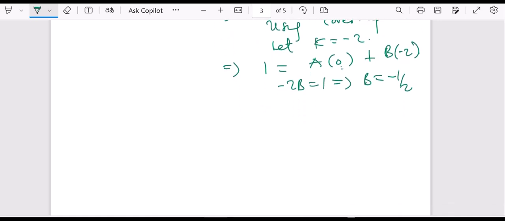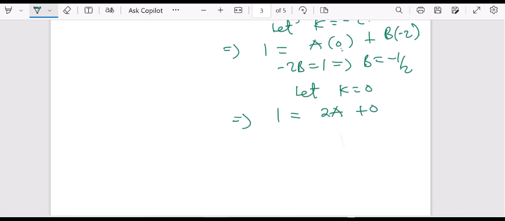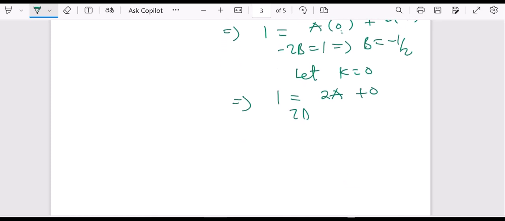Now what of the a? For a, we let k equal 0. So we have 1 equals 2a plus 0, and so 2a equals 1, which implies a equals 1 over 2.